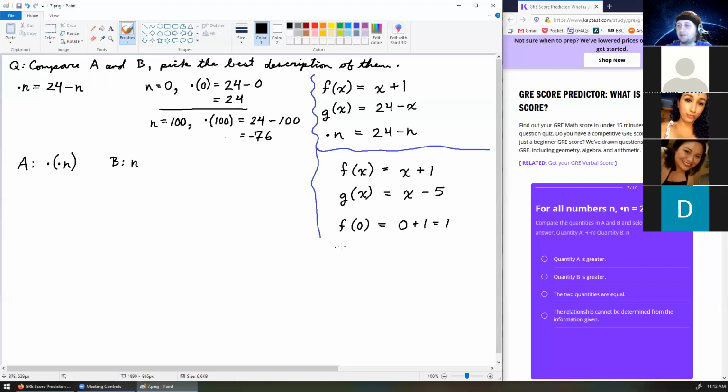But we could also take f and put in g of x as the argument. What would that get us? If we use g of x as the input into the f function, we would get parentheses x minus 5 plus 1.